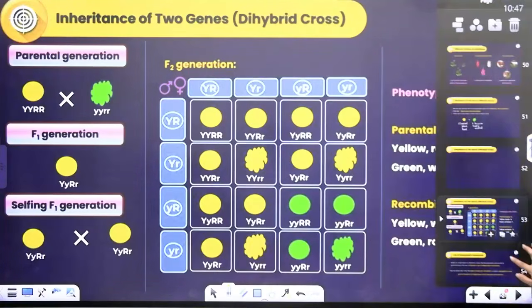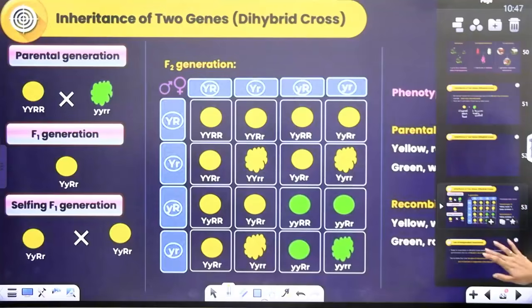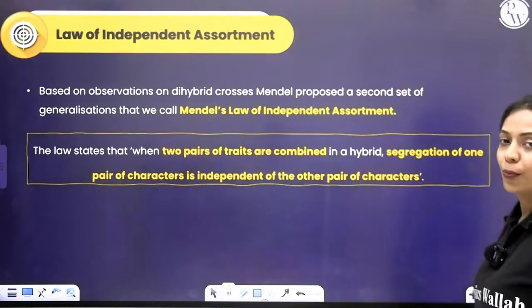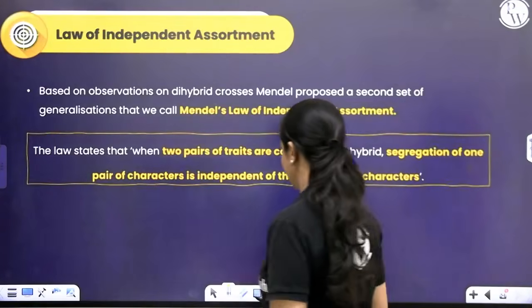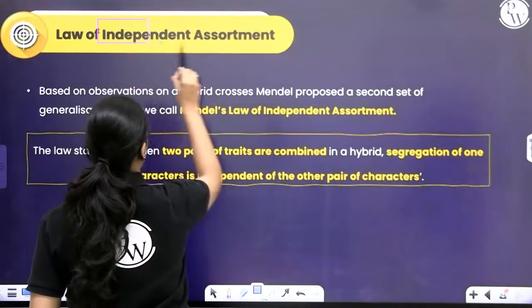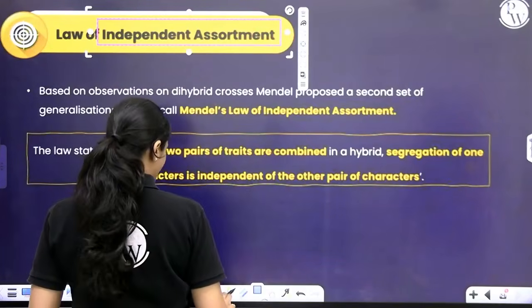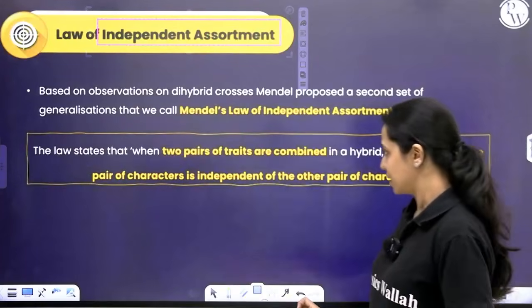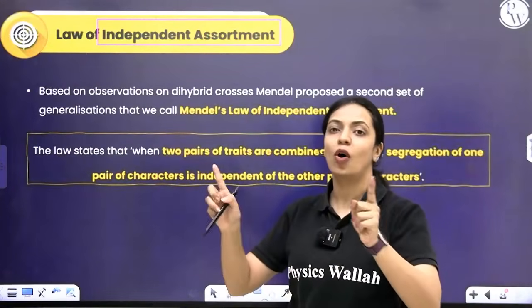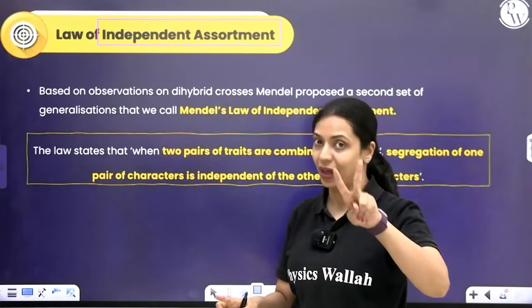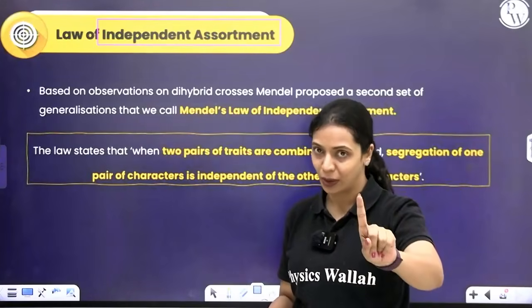Based on this result, what does Mendel propose? He proposes what is called the law of independent assortment. This is important to understand. Pay attention. Based on his observations, what he says is, whenever 2 pairs of traits, that means we're considering 2 characters, each character has 1 pair of alleles.